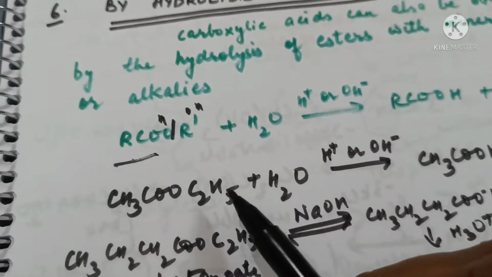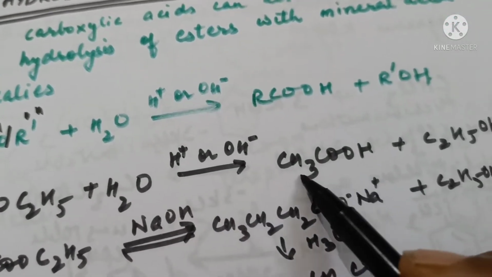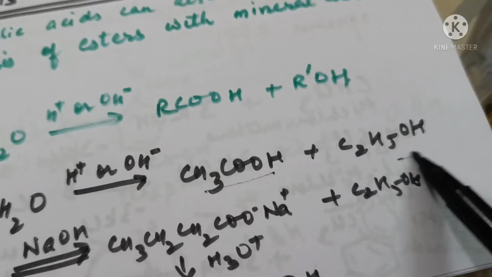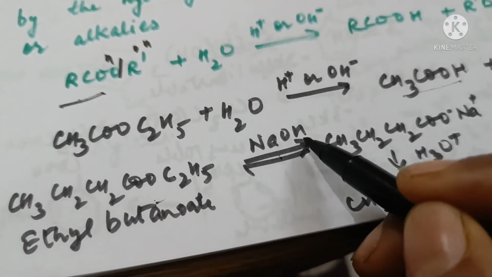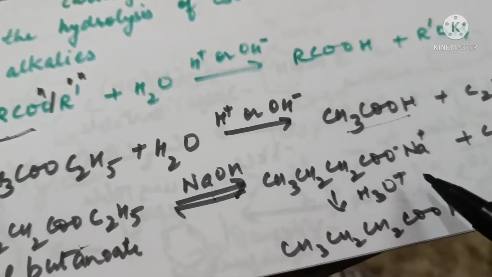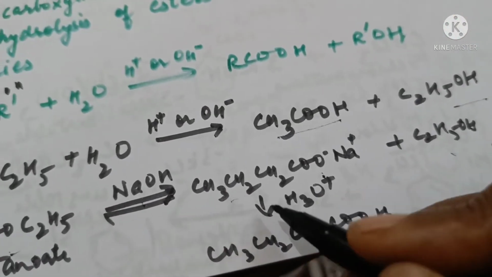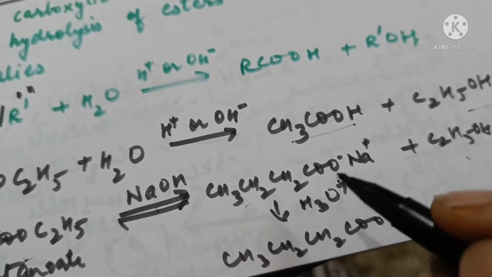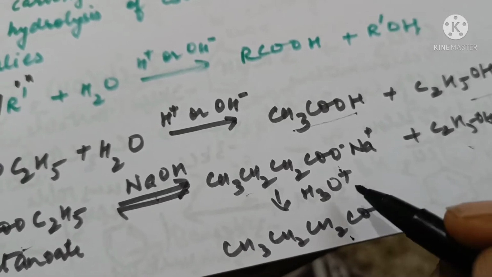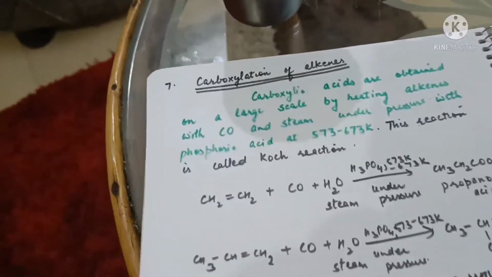For example, ethyl ethanoate on hydrolysis in presence of acid or alkali will form ethanoic acid and ethyl alcohol. We can hydrolyze it in presence of base also. Sodium salt of acid and alcohol will be formed. This can be further converted to acid by acid hydrolysis or acidification.